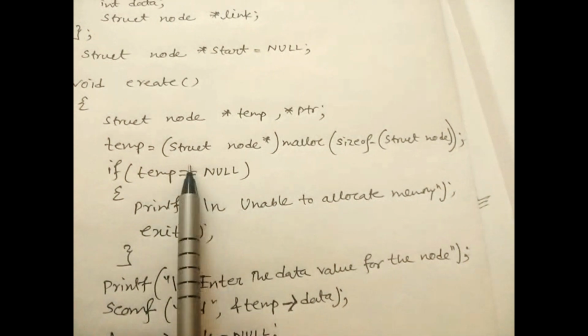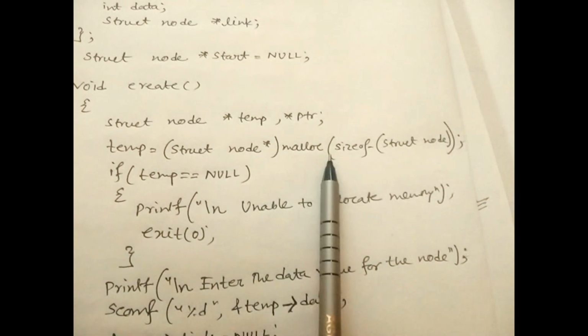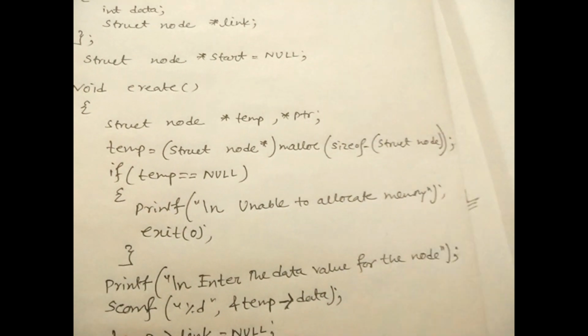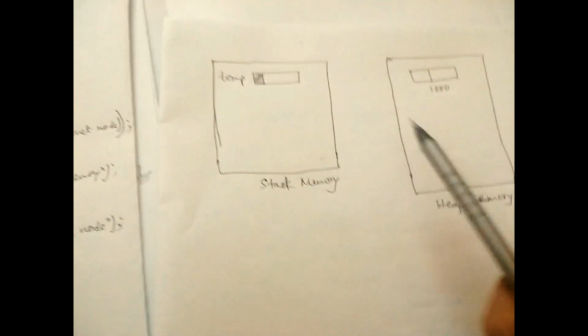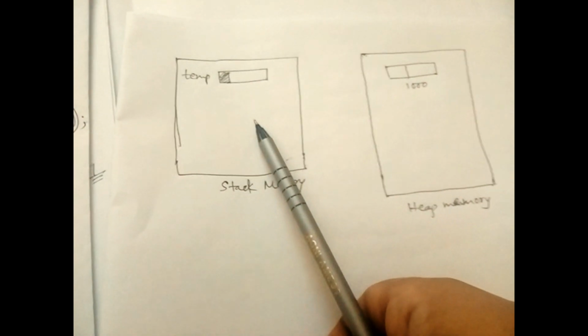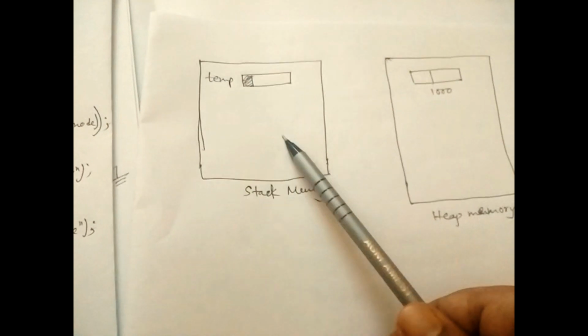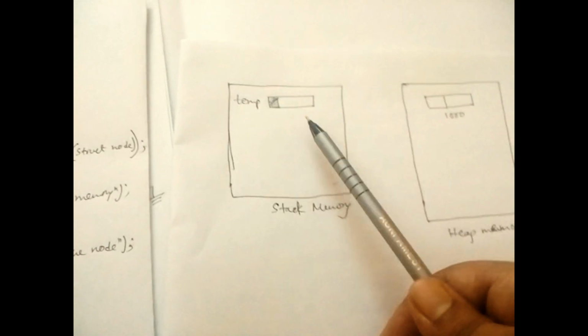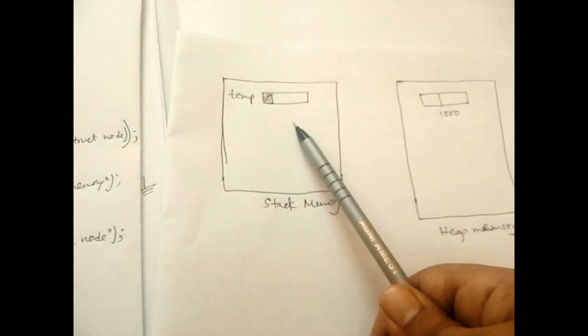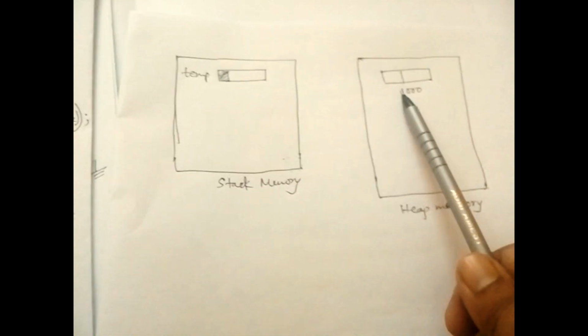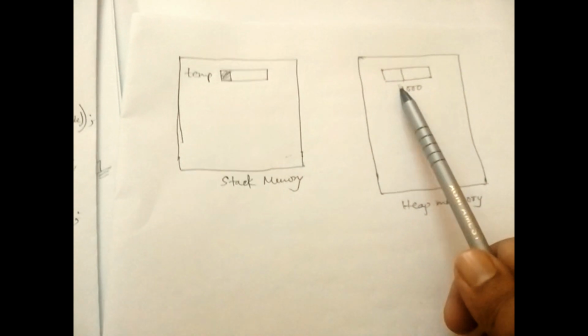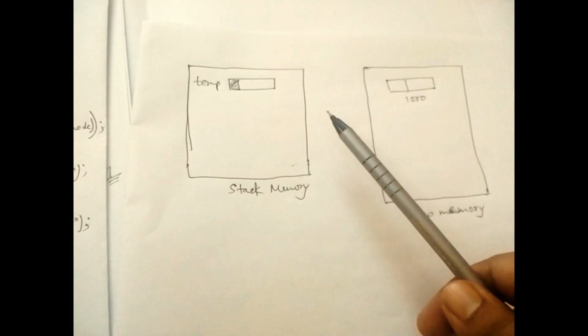Look at this line, temp equal to (struct node *) malloc(sizeof(struct node)). Actually temp resides in stack memory because it has been declared as a local variable, and memory for temp will be allocated dynamically in heap memory because we are applying a dynamic memory management function like malloc.